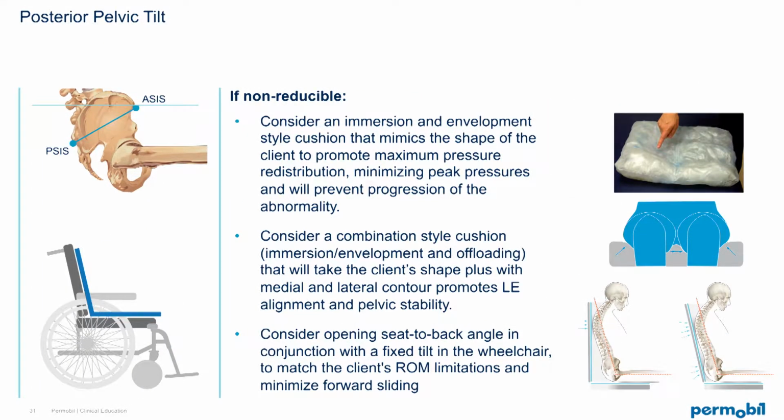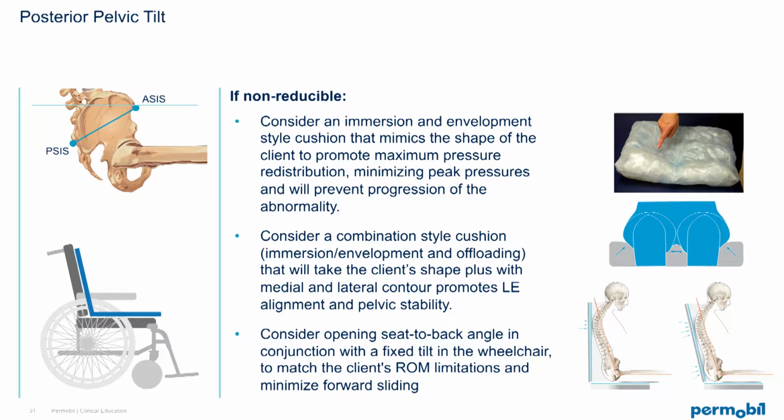If, however, that posterior pelvic tilt is non-reducible, then don't worry about correcting it. We have to accommodate for it to protect the skin under the bony prominences and to make sure it doesn't get any worse. So consider more of an immersion and envelopment style cushion that's going to exactly take the shape of the client to really promote maximum pressure distribution, minimize those peak pressures pushing up against the skin and soft tissue, and especially at the ITs, the sacrum and the coccyx from breakdown.